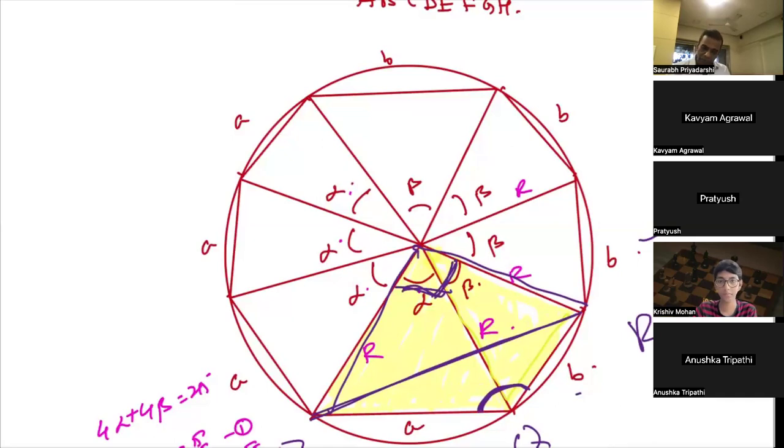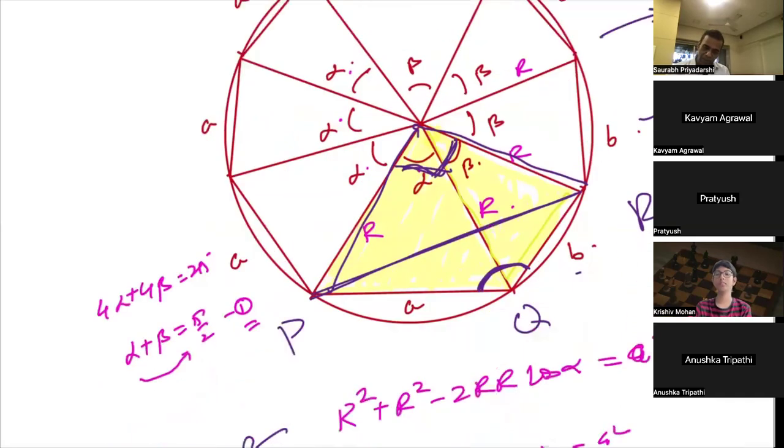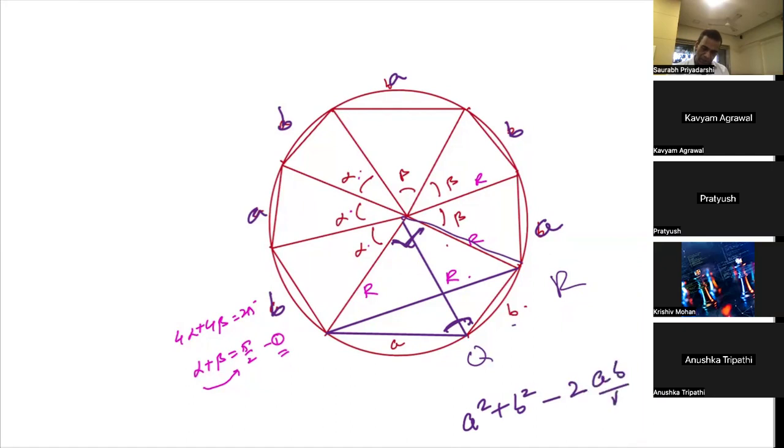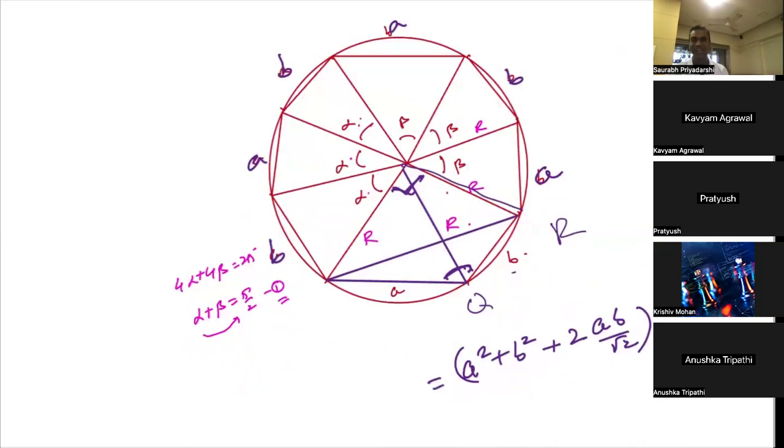So instead of this polygon, I'm taking this one. We just need A and B to coincide once. So in any configuration, that should happen. Very good. So now we can say this is 90 degree and this is 135. So we can take this as A square plus B square minus 2 AB cos 135 equal to 2R square. So in one line, I will get the answer.